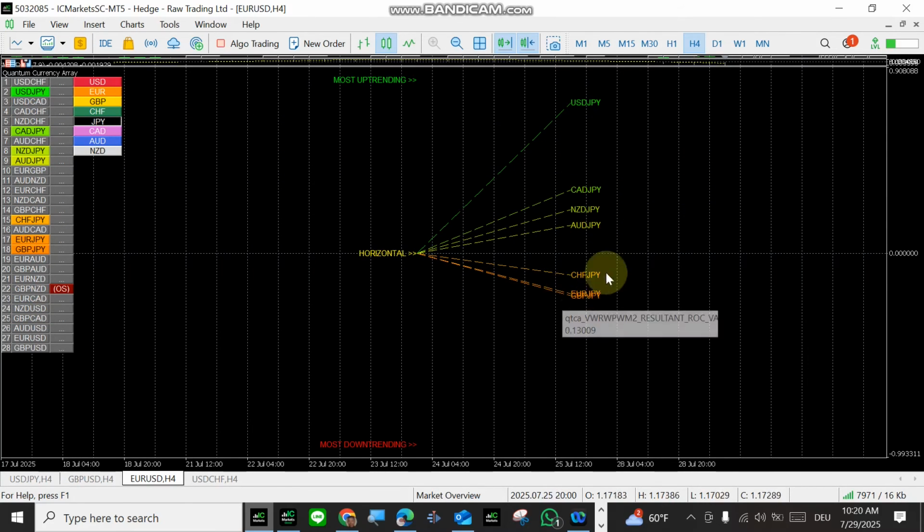JPY okay a little bit, but there's still something down here which makes me curious. Swiss franc dropped underneath, but they're coming back. If the Swiss franc comes back, then New Zealand Swiss franc is going to be a problem. New Zealand is going to be dumped if Swiss franc comes back.